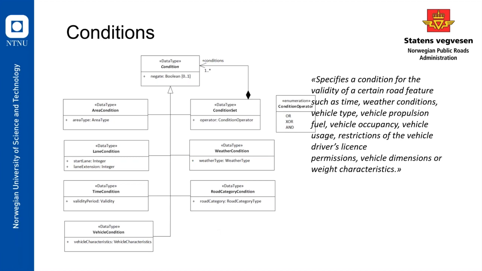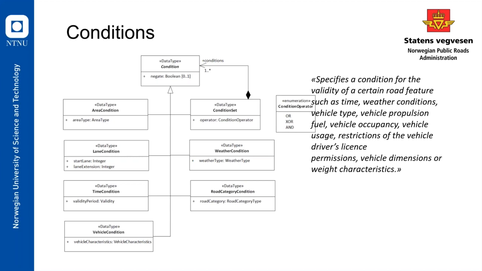But what we did do in the work was to incorporate the validity model from DATEX II. If we look at this figure again, we see that we have some time condition describing a validity period for this condition, or for where this road feature is valid.